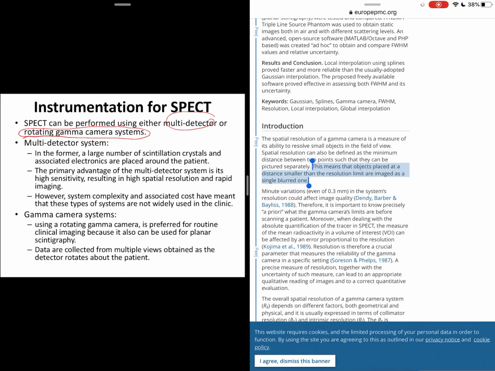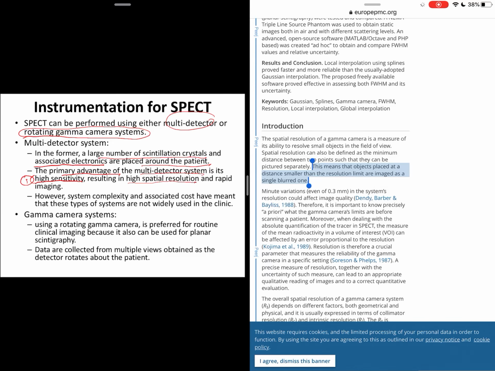Now, let's have a look at instrumentation for SPECT. SPECT can be performed using either multi-detector or rotating gamma camera systems. In a multi-detector system, a large number of scintillation crystals and associated electronics are placed around the patient.